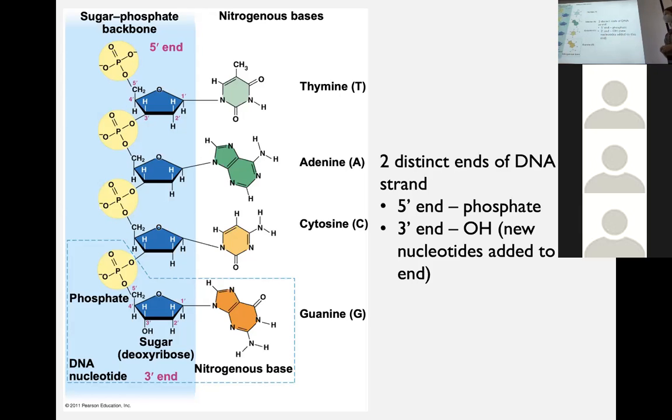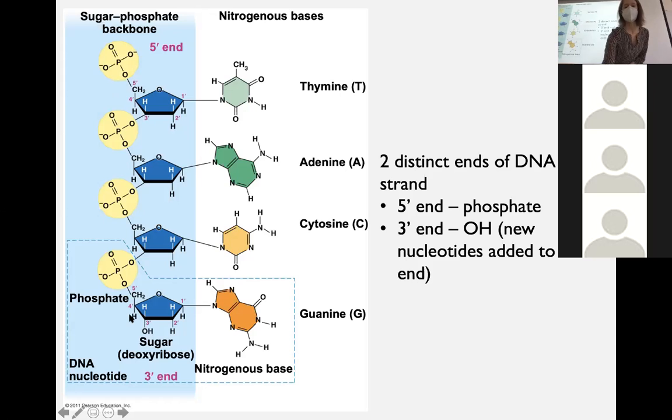So for now, really all you need to know is that there's a 5' end and a 3' end. This little apostrophe just stands for prime. This is how chemists name the molecules, basically. The 5' end has a phosphate group coming off of it. So if we're talking about a string of nucleotides strung together, the 5' end has the phosphate group.